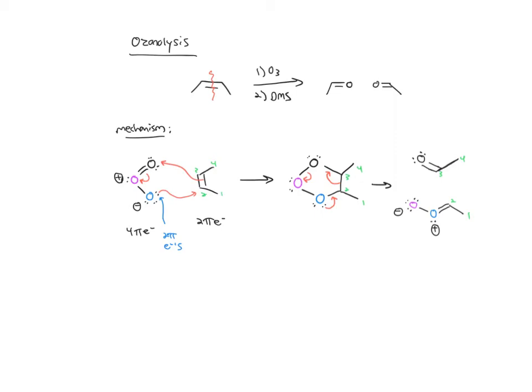So we have a delta plus at carbon 3. The oxygen itself is delta minus. So when the purple oxygen goes to attack carbon 3, the electrons are going to go up onto that black oxygen at the top. And then that oxygen, because it'll be negative momentarily, can go and attack the delta plus on the other molecule. The delta plus on the other molecule is at carbon 2.